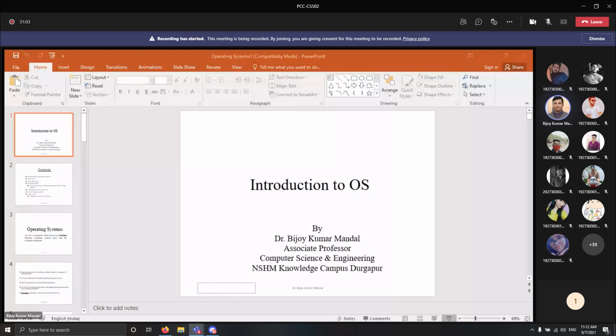Okay. So today, as per the LMS, we will start the introduction of the operating system. That is the first chapter of the first module.